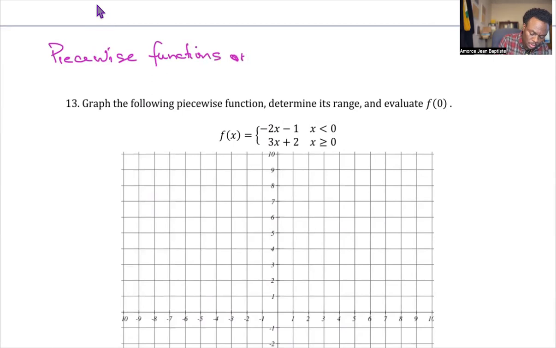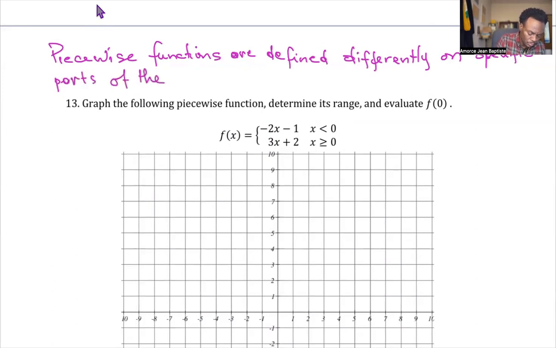Piecewise functions are defined differently on specific parts of the real numbers, differently on different parts of the set of real numbers.